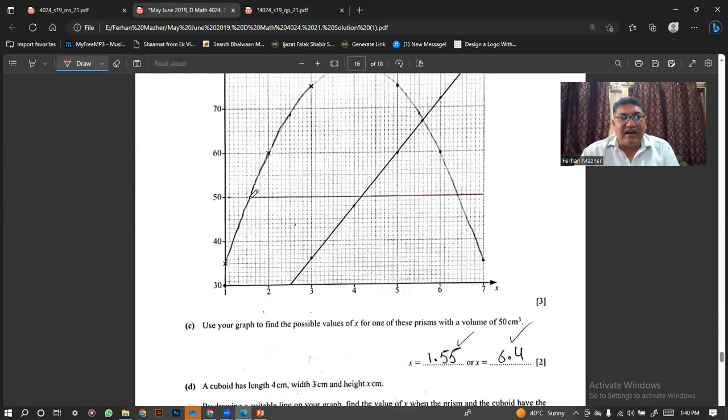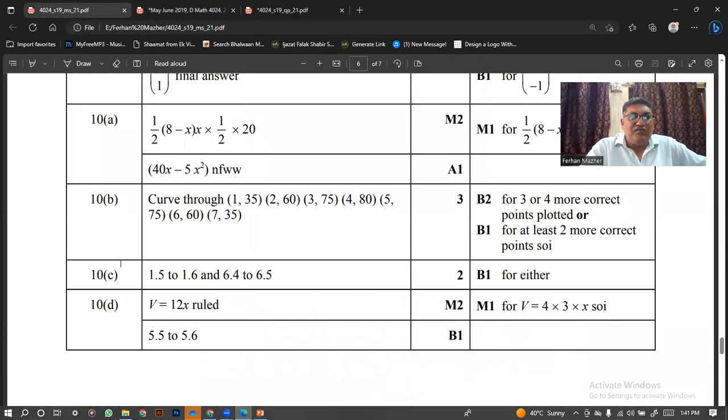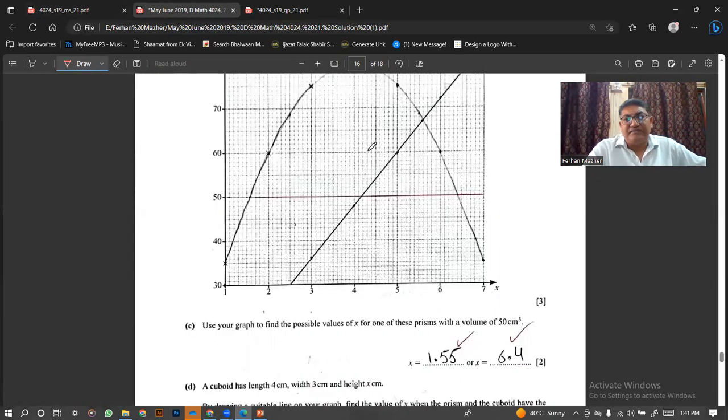It cuts my graph here, and I will check the x value here. It is 1.6, or 1.55 is the exact value, and at this point the value is 6.4. So 1.5 and 6.4 are our answers.